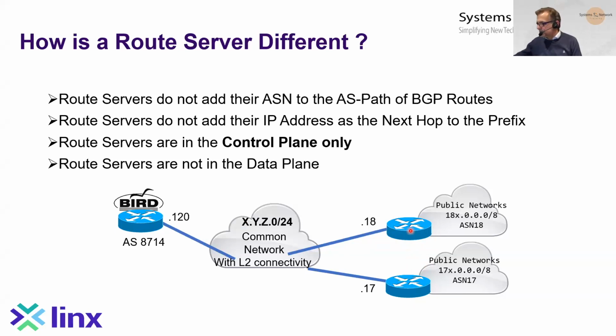And what that means is, from the point of view of actual traffic flow, as in data packets, the packets are going into this infrastructure and going through the interconnecting infrastructure, but directly between the organizations.